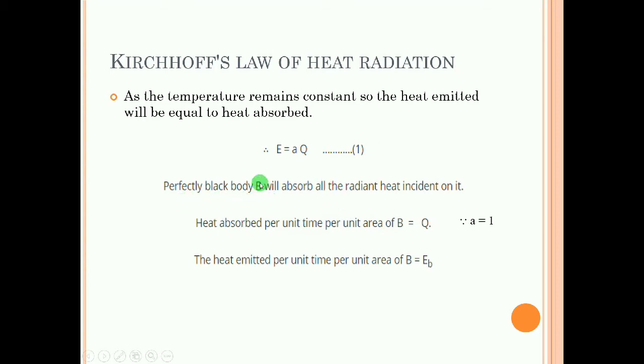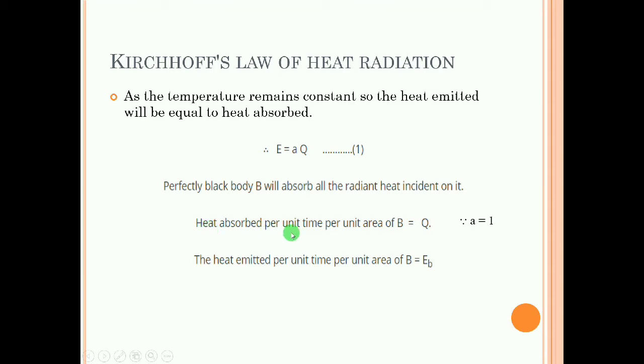Similarly, let us define it for perfectly black body B. We already know the coefficient of absorption is equal to Q_A upon Q, but for a perfectly black body, it will absorb 100% of the incident radiation. So both will be equal, Q_A upon Q is 1. So the coefficient of absorption for a perfectly black body will be 1.